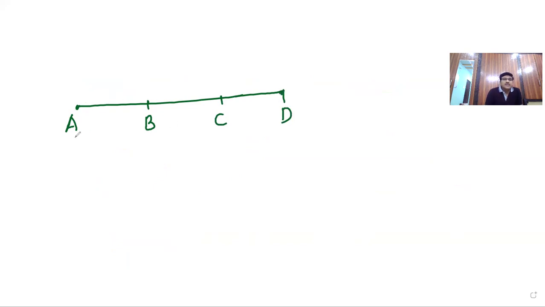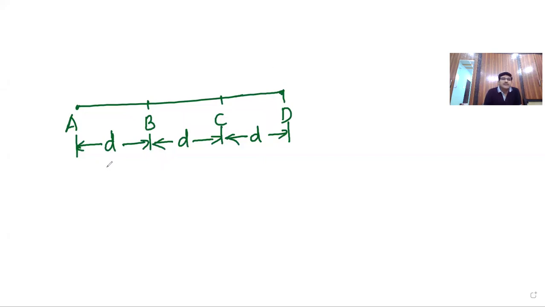Each is distance D. AB equals BC equals CD. All are equal distances, 3 equal distances. I am denoting it as D. 3 equal distances, but different speeds.